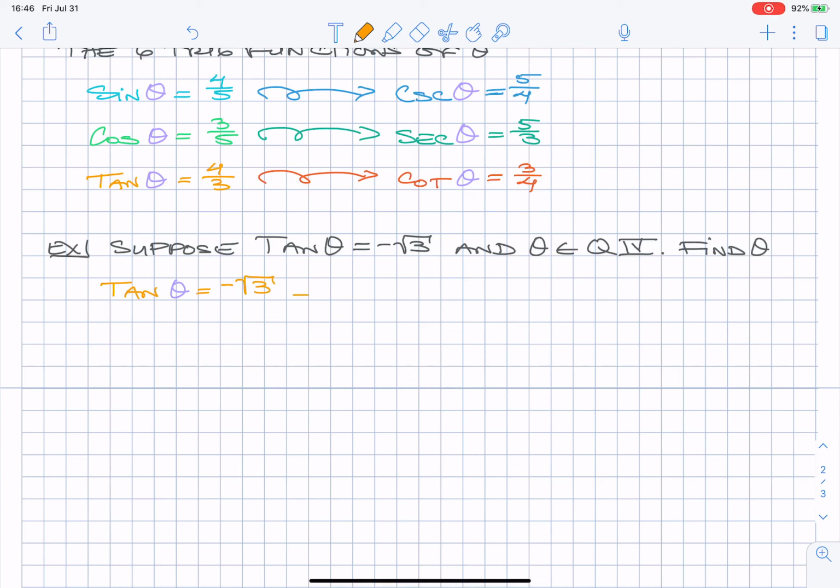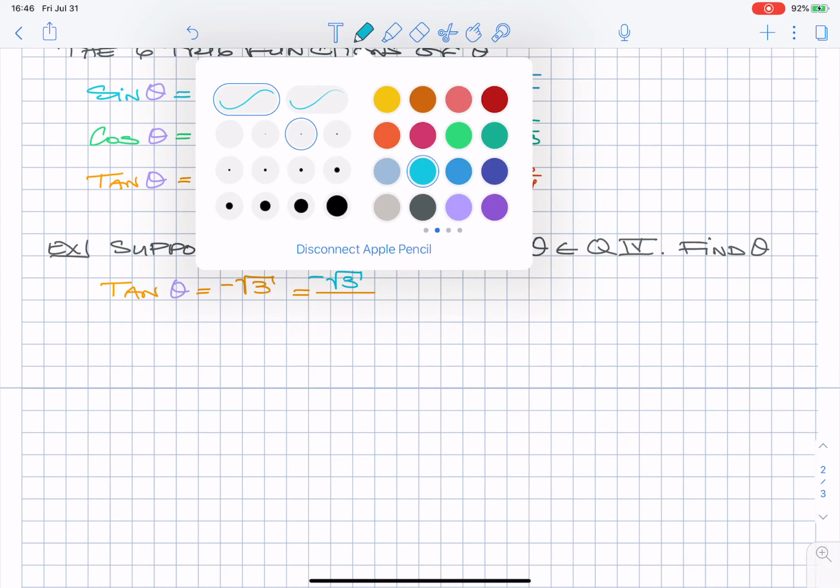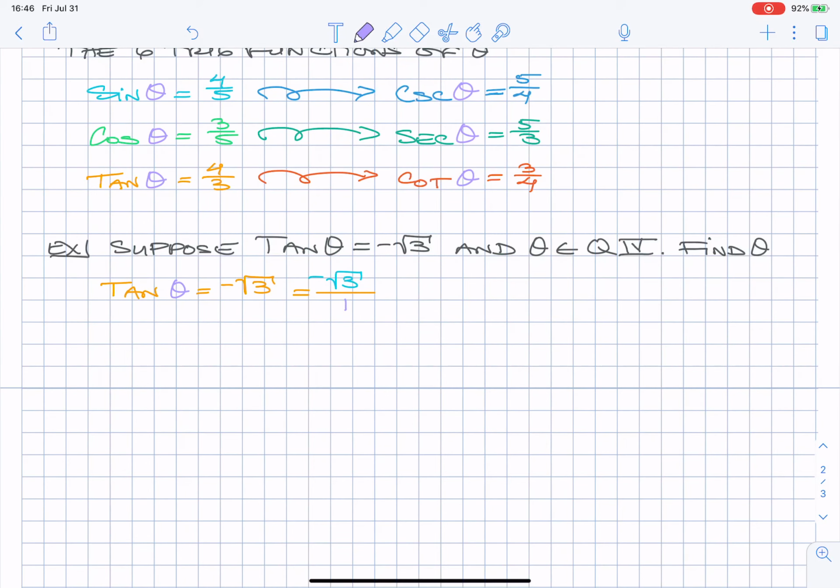Okay, so what I'm going to do, I know that tangent is sine of theta over cosine of theta. So I'm going to write this as sine over cosine, which is negative root 3 over 1. That's what I have so far, because any whole number can be written as over 1.